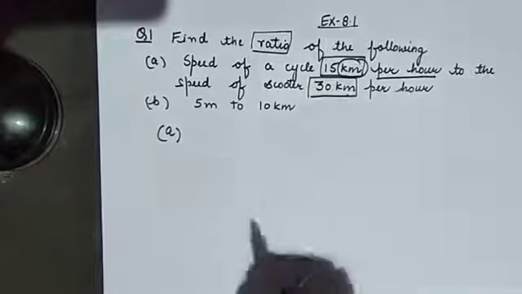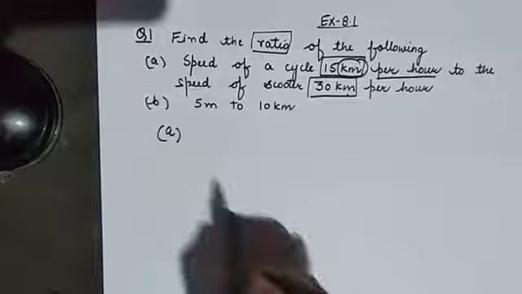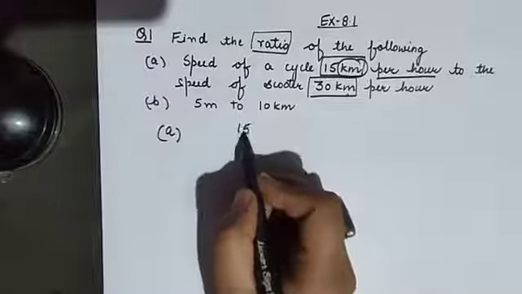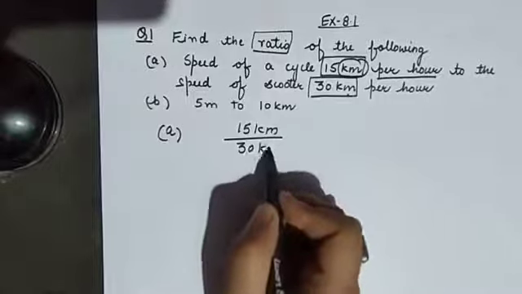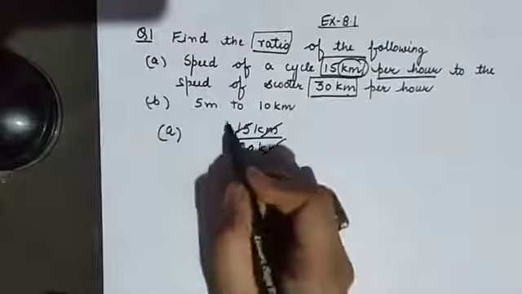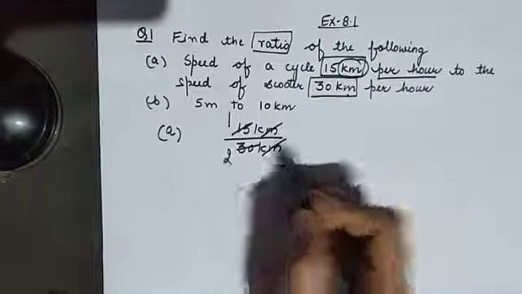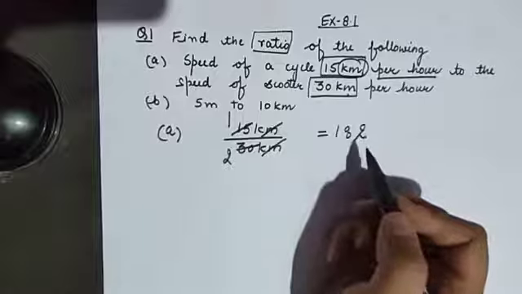So we can simply write 15 kilometer upon 30 kilometer. Signs are the same, so they will be cancelled. 15 ones are 15 and 15 twos are 30, so its ratio will be 1:2.